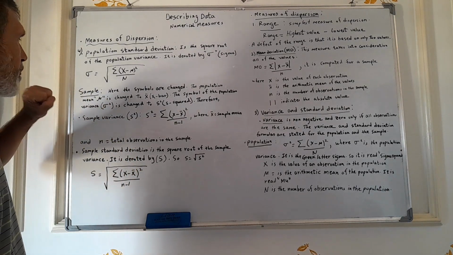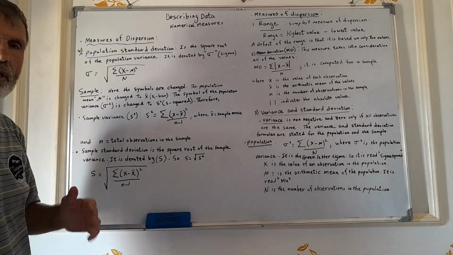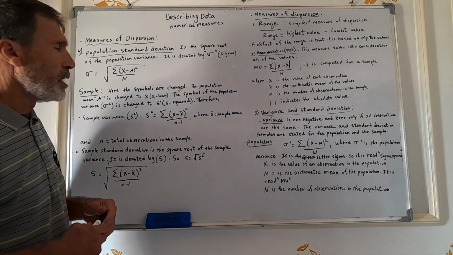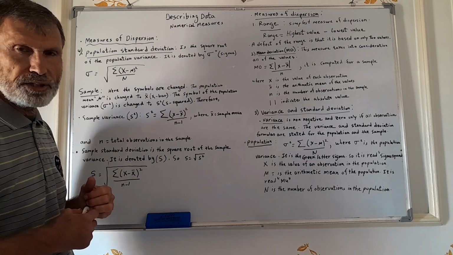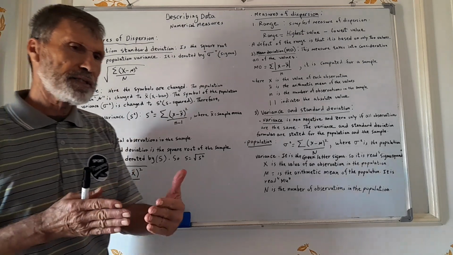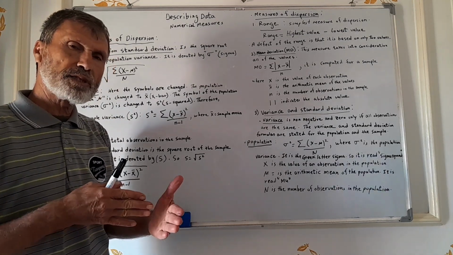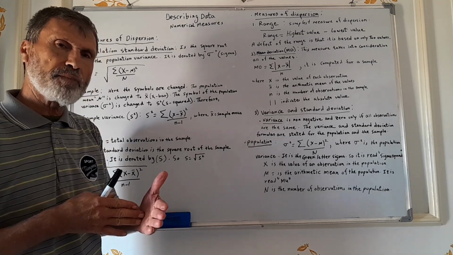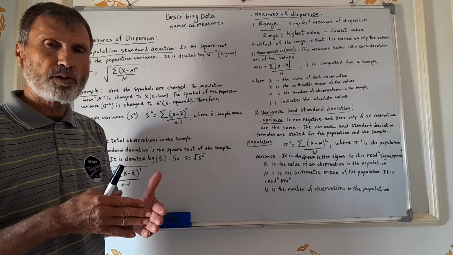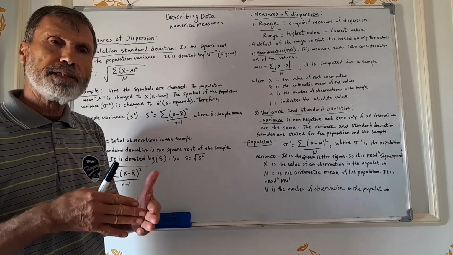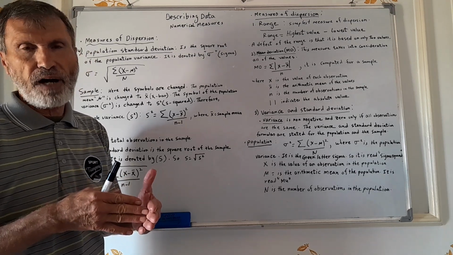Okay, now the sample. Of course, the symbols here are changed. As far as the population variance, we use sigma squared. Now, as far as the sample is concerned, we use s squared to denote the sample variance.